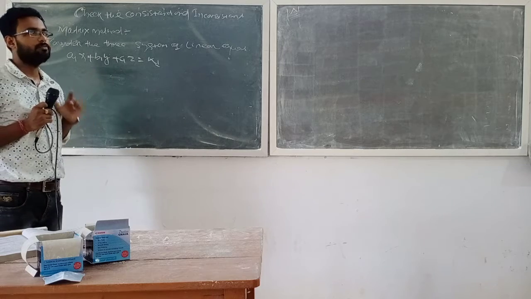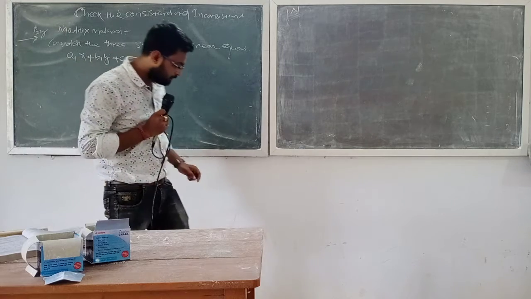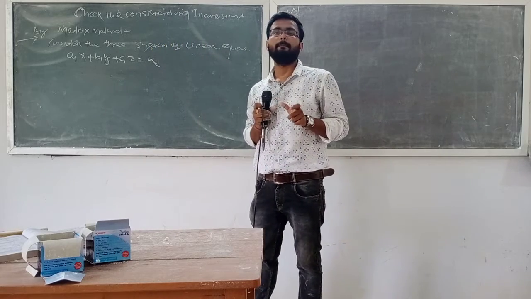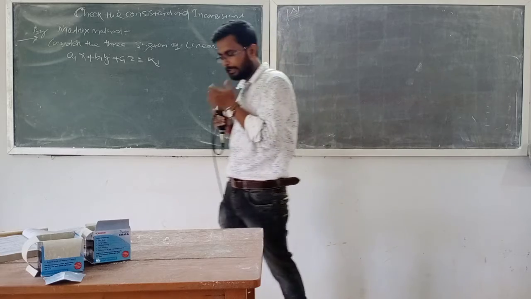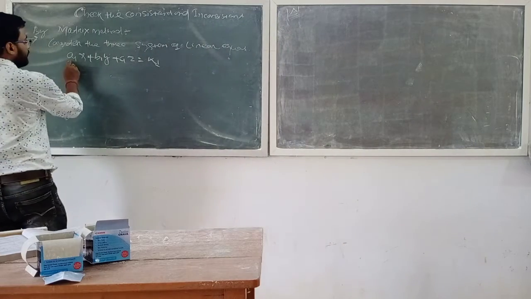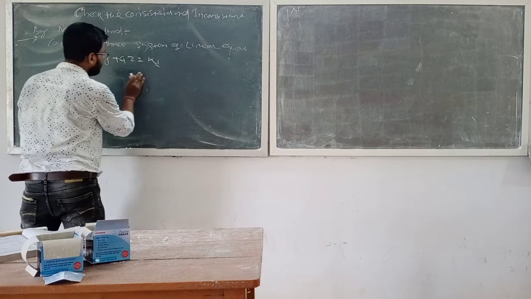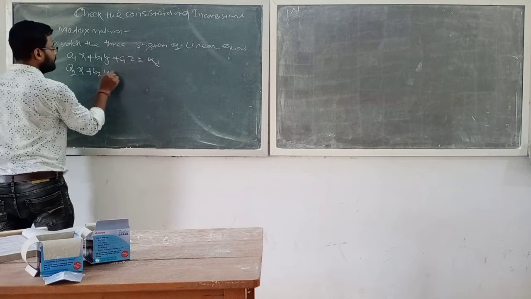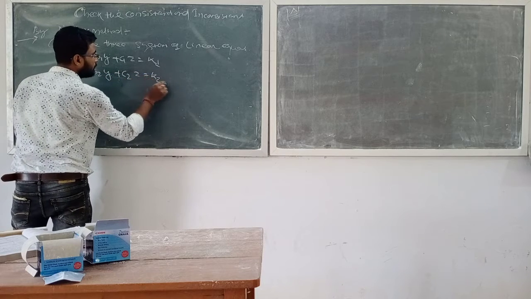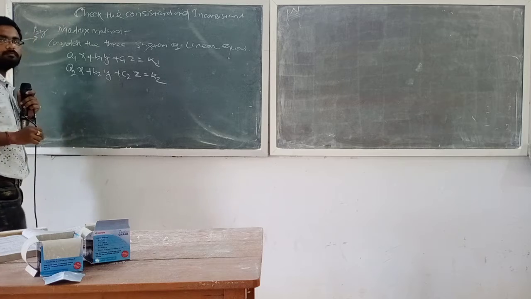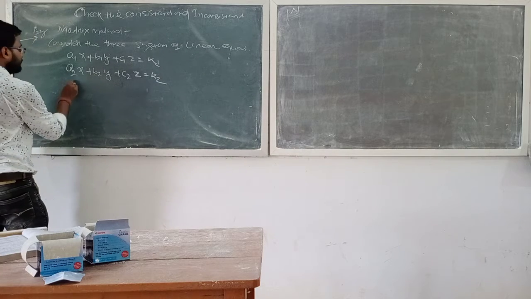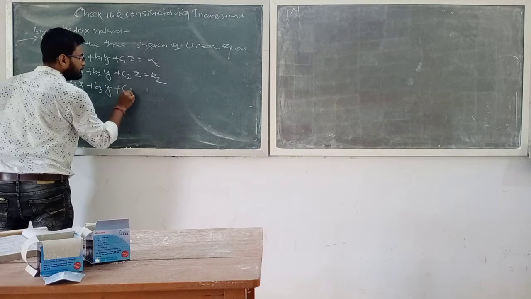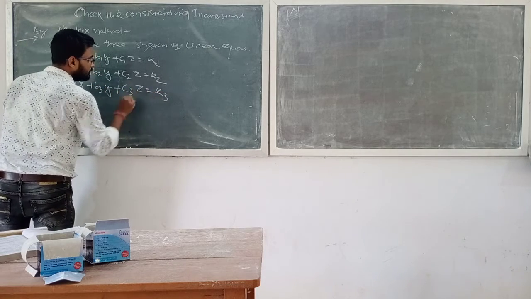The system has three linear equations. The first is a1x plus b1y plus c1z equal to k1. Another is a2x plus b2y plus c2z equal to k2. The third is a3x plus b3y plus c3z equal to k3.